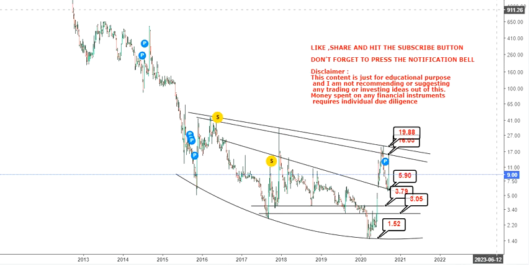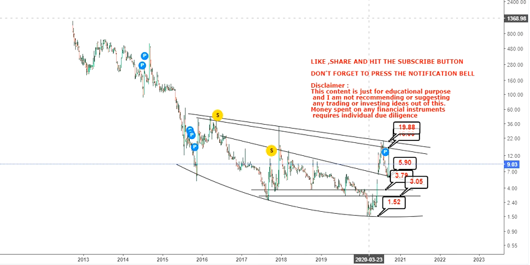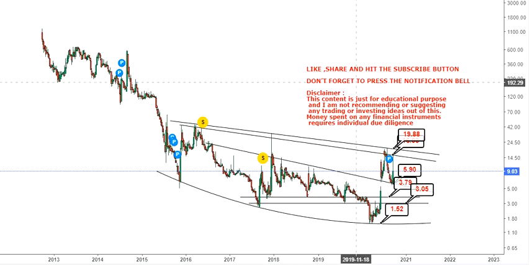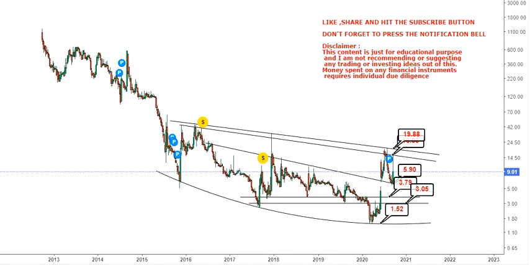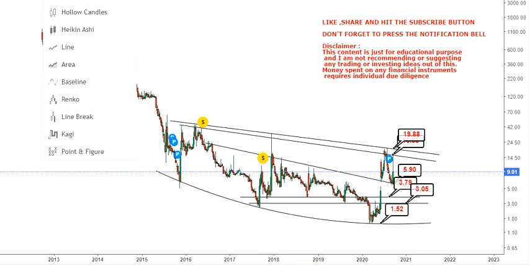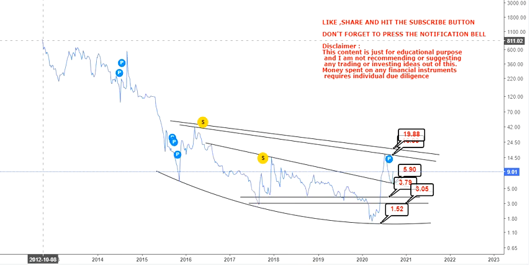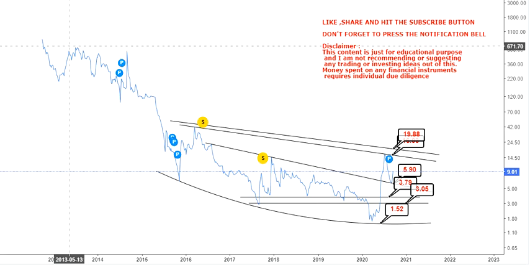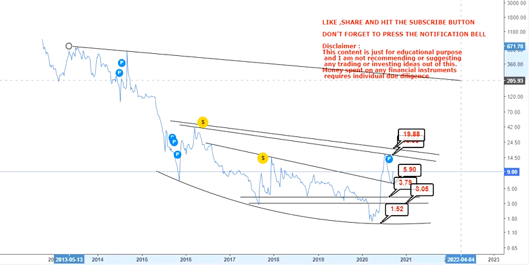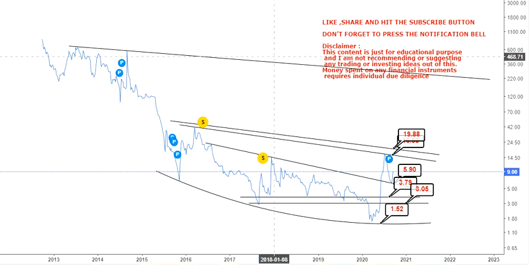So if you look at the chart, this is the weekly chart. What you can see here is that the stock has been going down since 2012 onwards, and if you make a trend out of it, you'll find something like this.